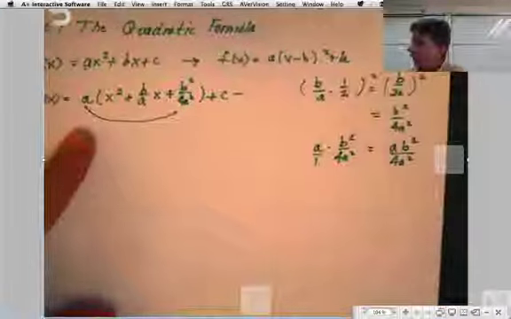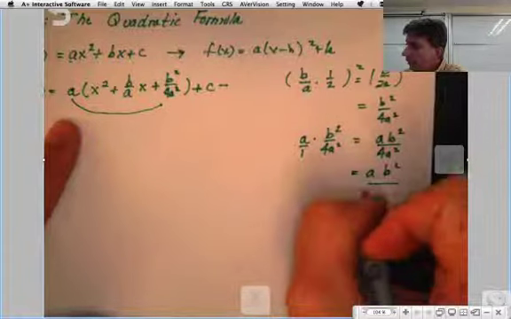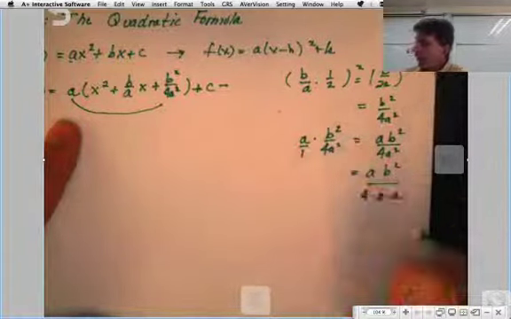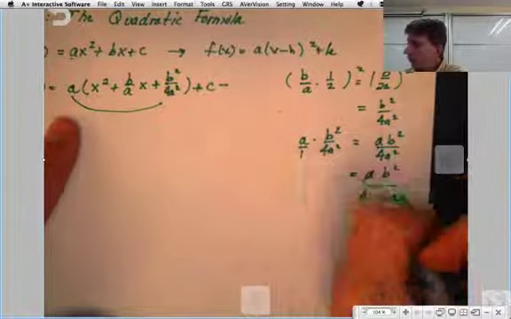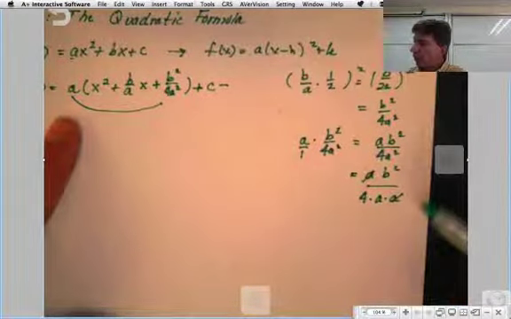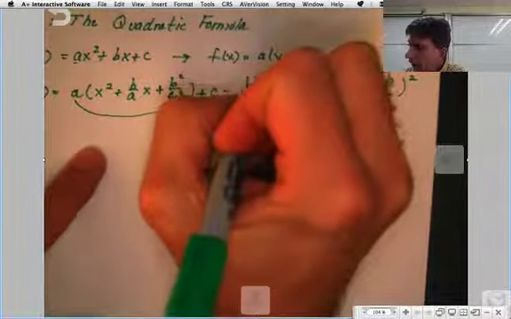A little bit of simplification occurs: you have two factors of a in the denominator, so one of those would divide out, leaving you with b squared over 4a. So it's the b squared over 4a that I need to subtract.